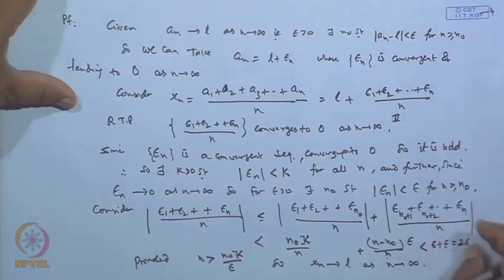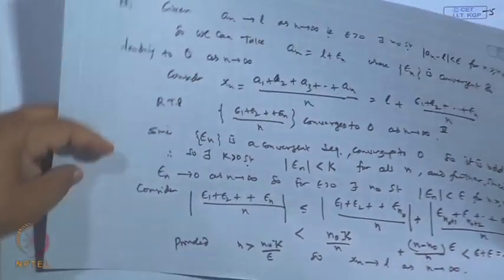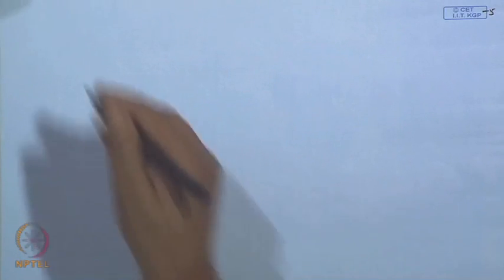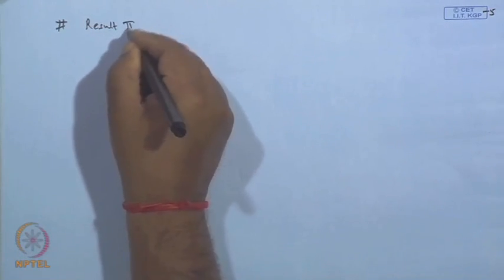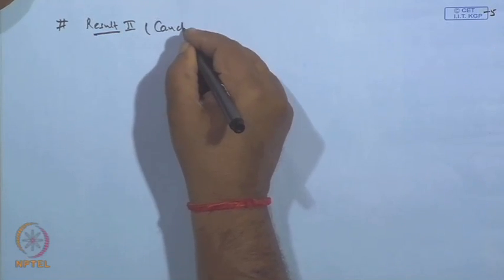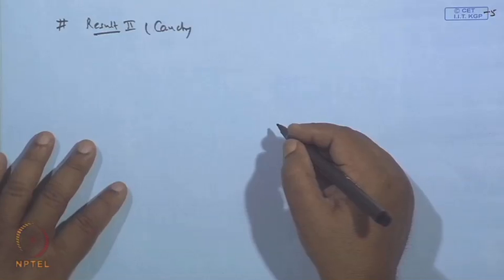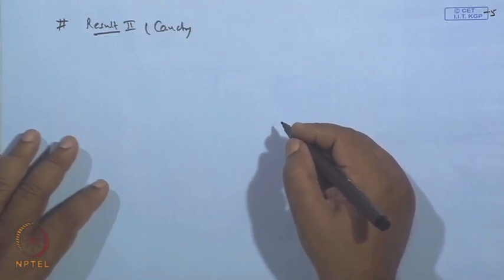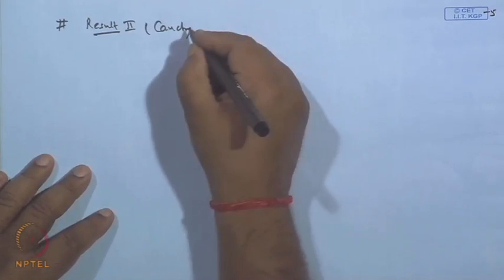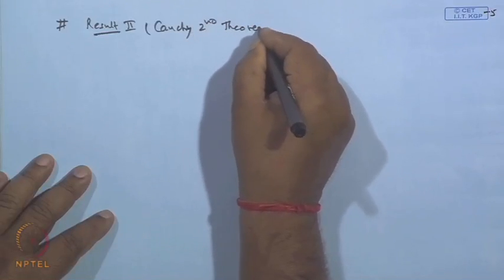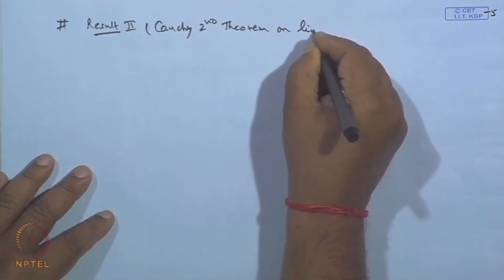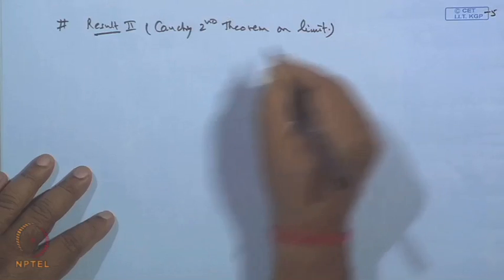This is the first Cauchy theorem on the limits. The second Cauchy theorem, that is result 2, which we also call Cauchy's second theorem on limits.